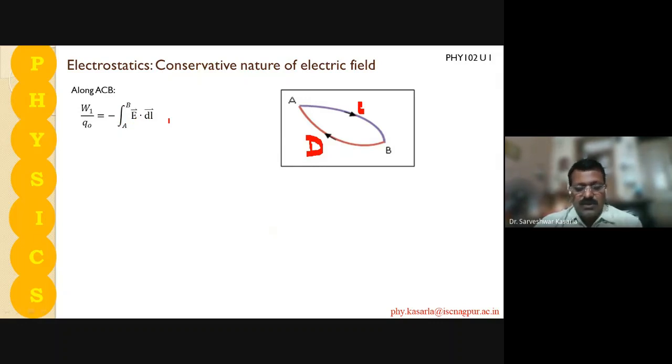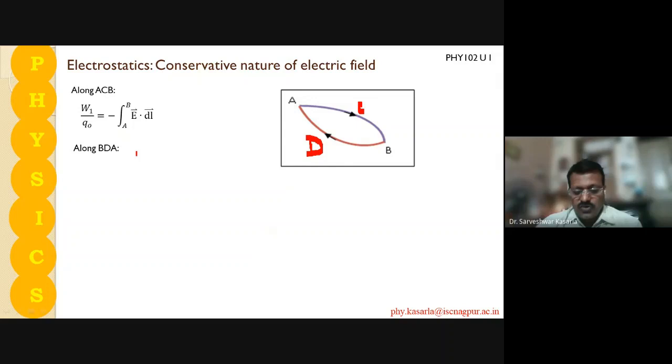Okay. Now similarly along BDA, now again this charge is coming back to A along this path. So this is the first path and this is the second path. The charge is moving from A to B, and then again the same charge is moving from B to A, but with a different path.